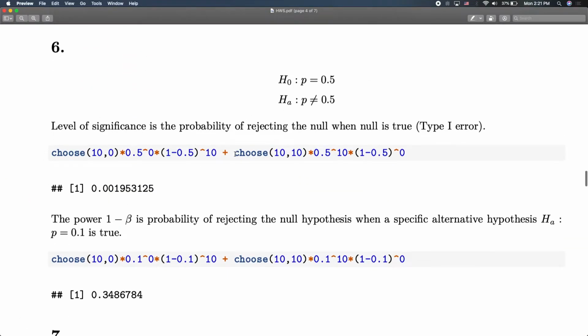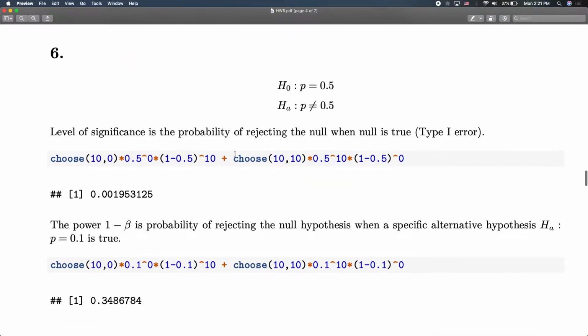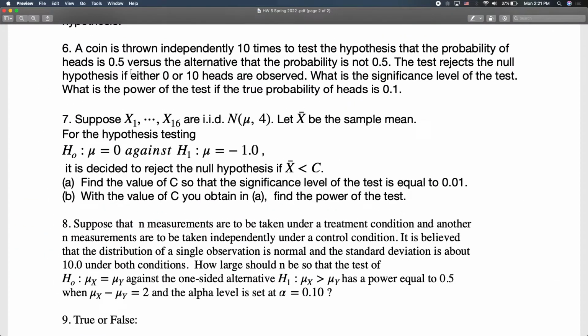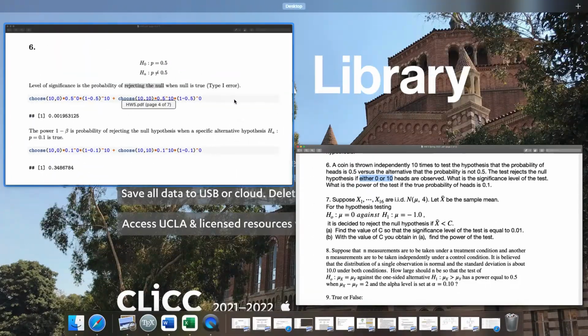Okay, so this one is referring more to the definition for the significance level and power. So the level of significance is the probability of rejecting the null when the null is true. So in our case, our null is that p equals 0.5. And then we also know that the criteria for rejecting the null, which is either 0 or 10.